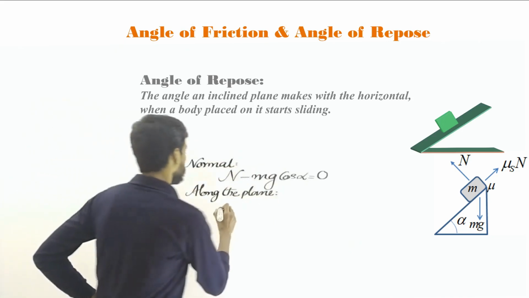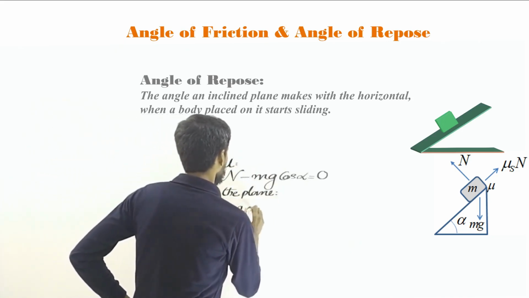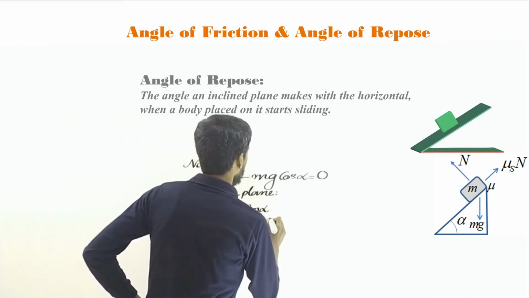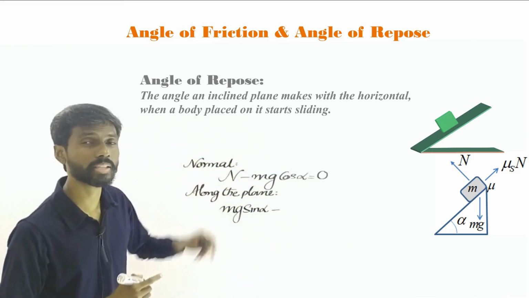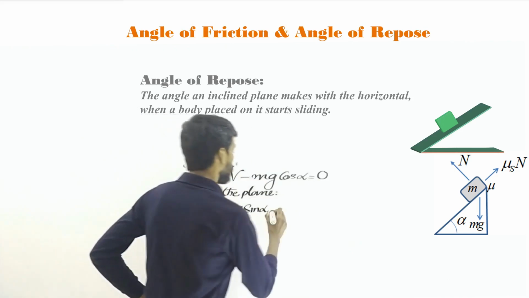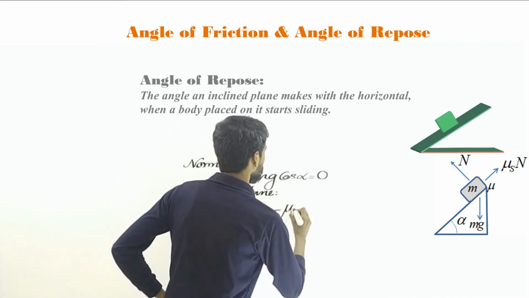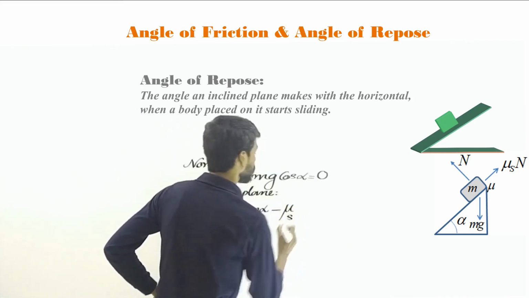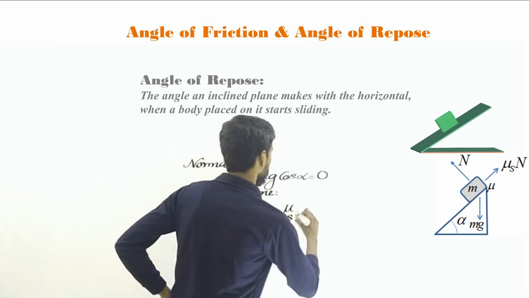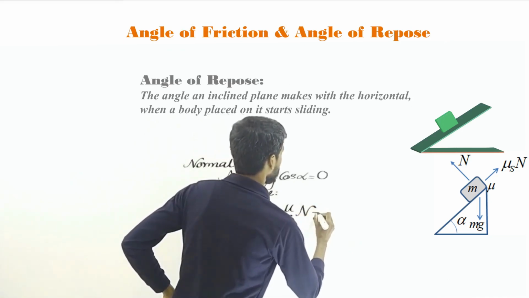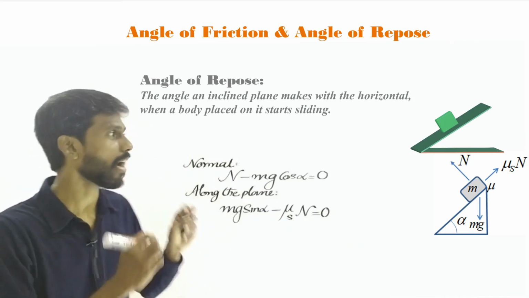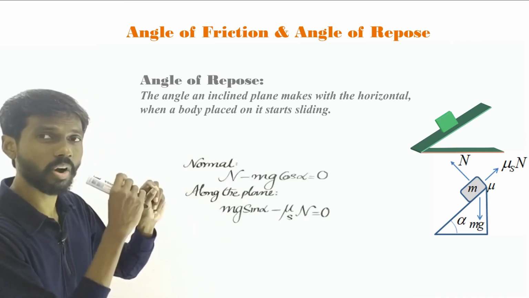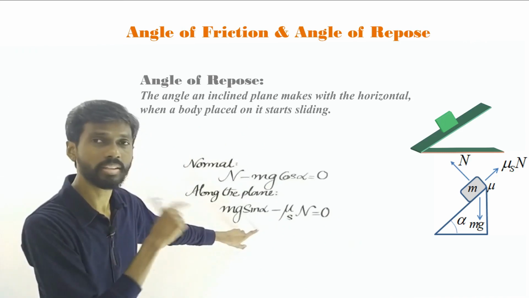Then mg sin alpha minus the frictional force in the opposite direction, the maximum friction. What is the maximum friction? That is the limiting friction, mu s multiplied by the normal force. This must equal 0 because the block has just started sliding, or is on the verge of sliding.